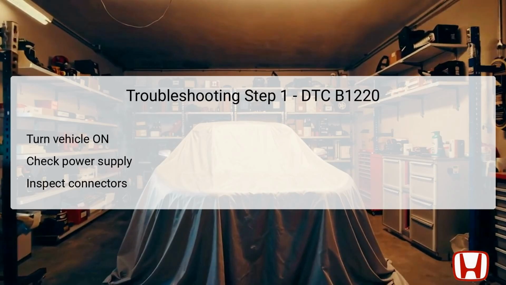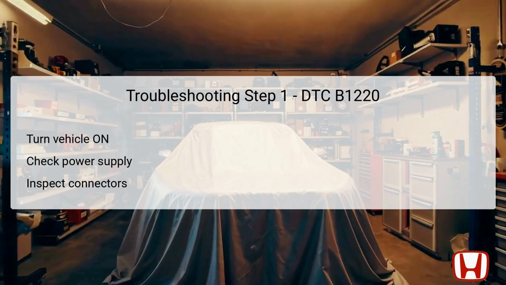The first step in troubleshooting DTC B1220 involves turning the vehicle's ignition to the on position. This initialization is essential as it activates the climate control system, allowing for proper voltage checks. Once in the on mode, the technician should check the voltage coming from the recirculation control motor.